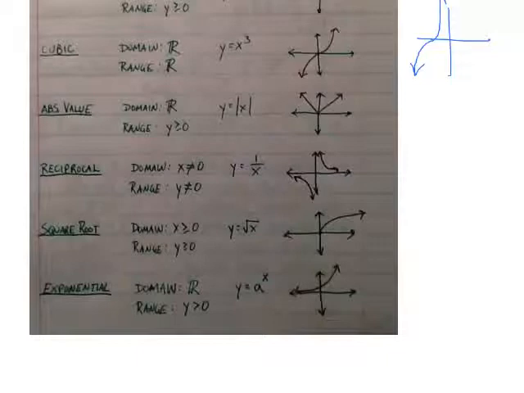The exponential has a horizontal asymptote at y equals 0, so we never want to cross it. And if it's not transformed, it's going to cross the vertical axis at 0, 1.